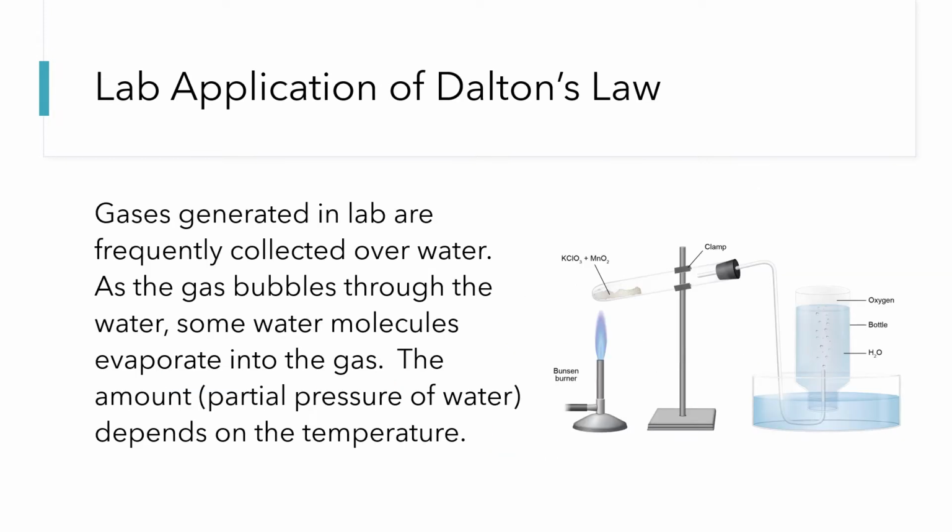A very practical lab application of Dalton's law is when you generate a gas in lab and you collect it over water. This system is really helpful because it prevents anything from getting pressurized.